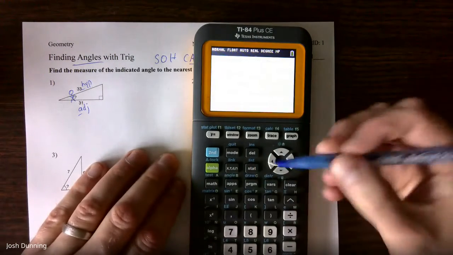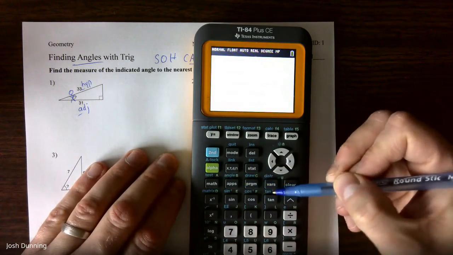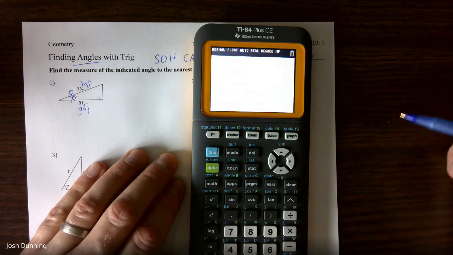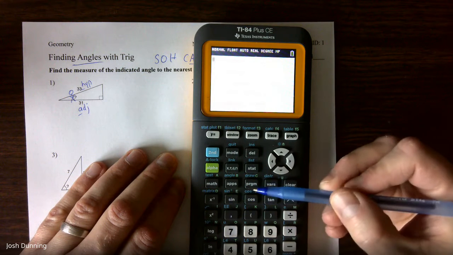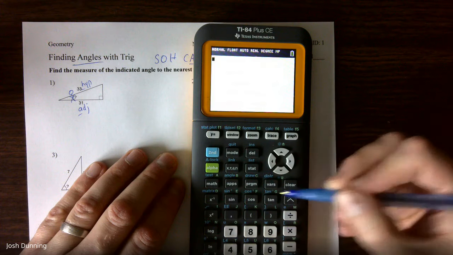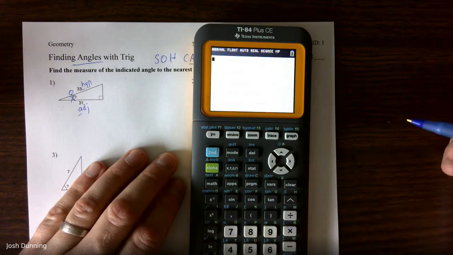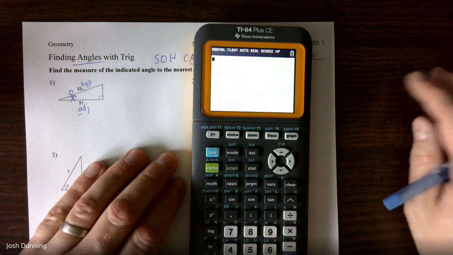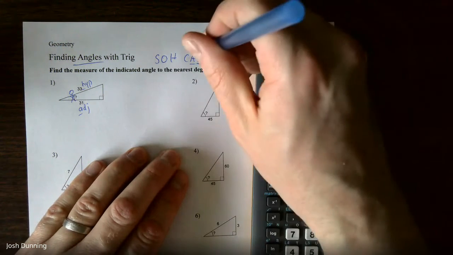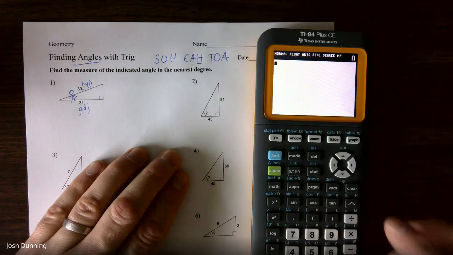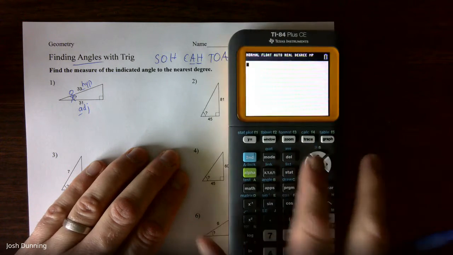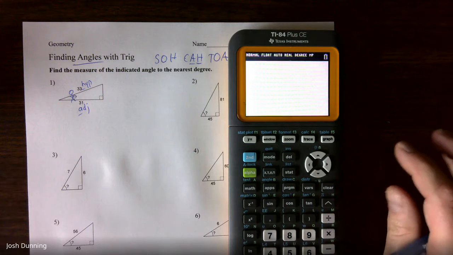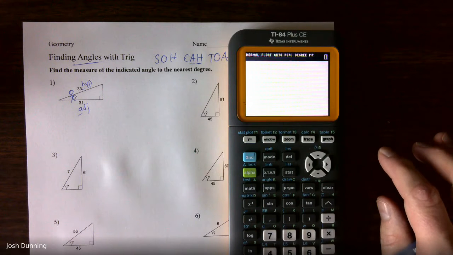On the calculator, you see in blue, you might be able to see that on here, sine -1, cosine -1, tan -1. What that does is that finds the angle instead. So we already picked out it's going to be C for cosine, and all of you did actually well with that before when we were finding the lengths.